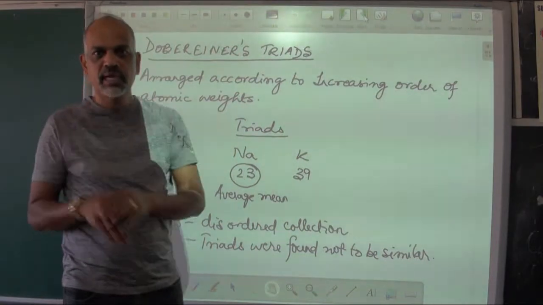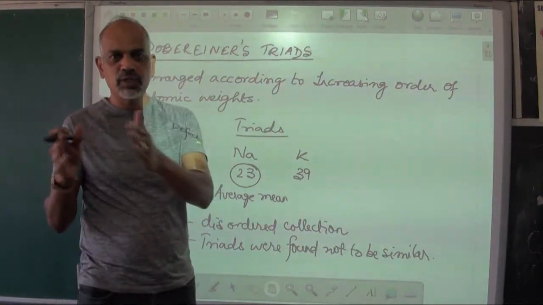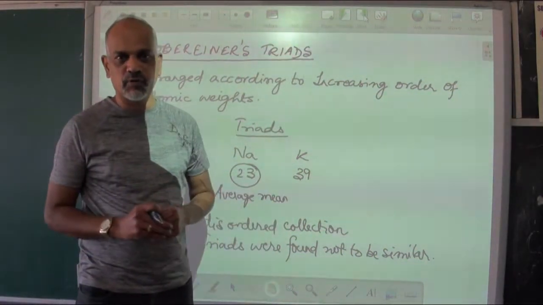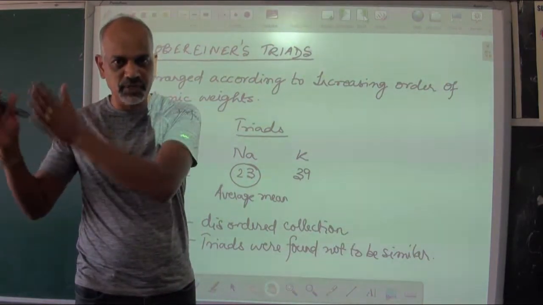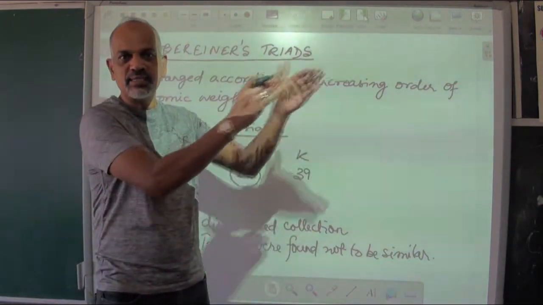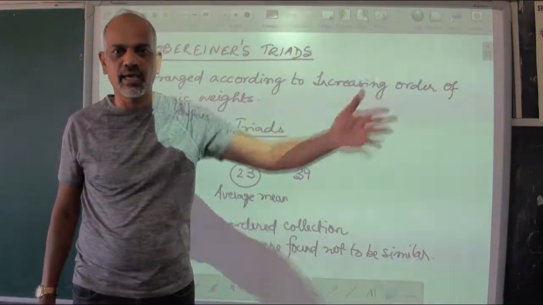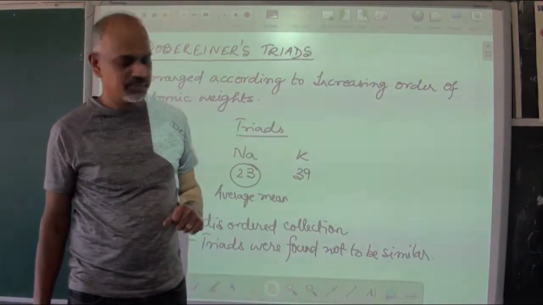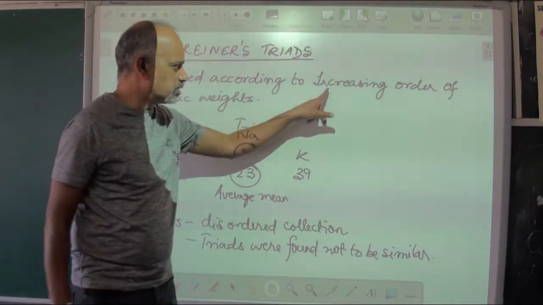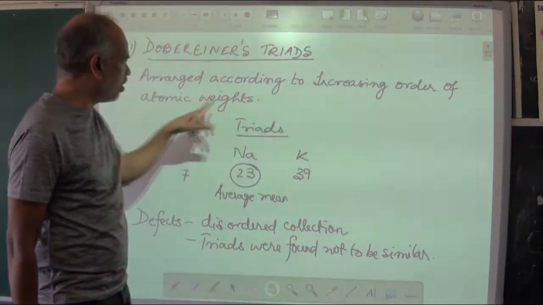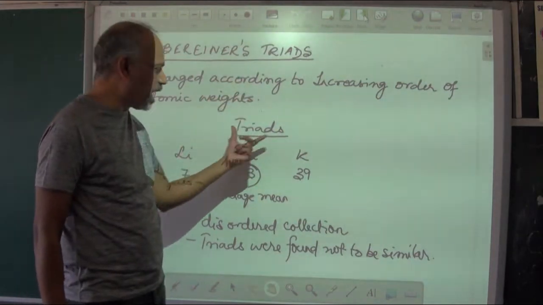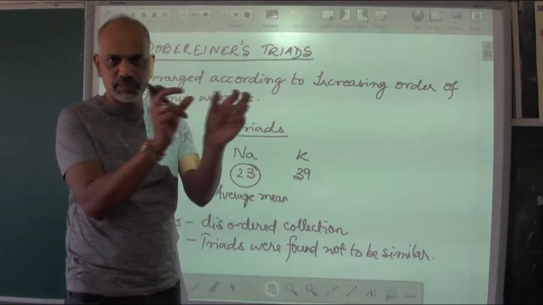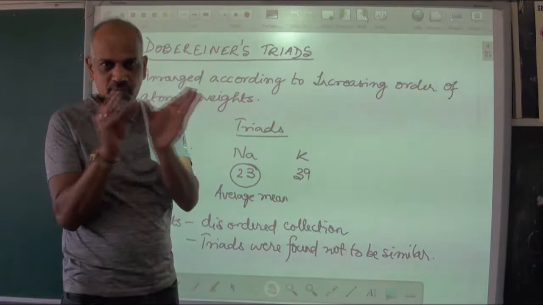He took the elements and arranged them with the least atomic weights first, and then it kept increasing, and the highest number came later. And he arranged this in triads, meaning three elements put together having some relationship.